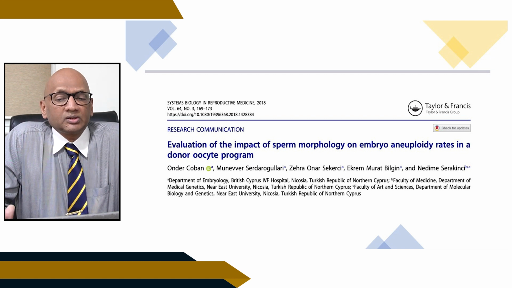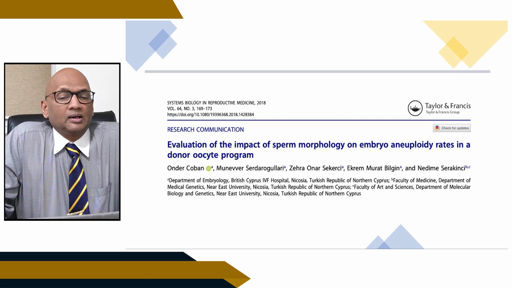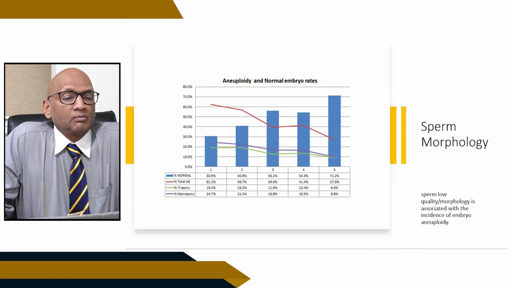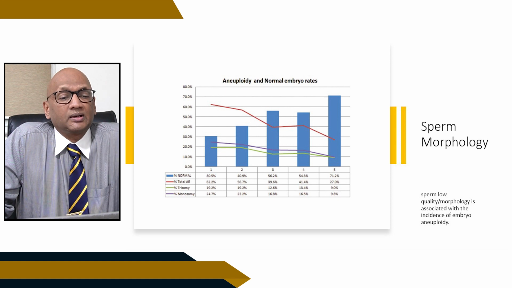The study investigated the correlation between sperm morphology and the incidence of embryo aneuploidy in an oocyte donation program. The data showed that when abnormal morphology is very high, even in a donor oocyte program, the quality of the embryo gets affected, suggesting that for implantation failure, suboptimal embryos or recurrent implantation failure, looking at sperm morphology can play a major role.